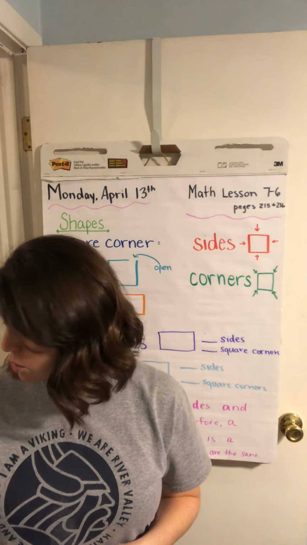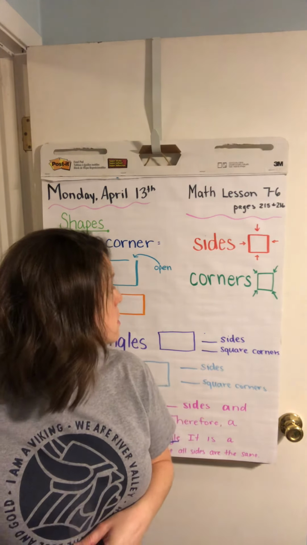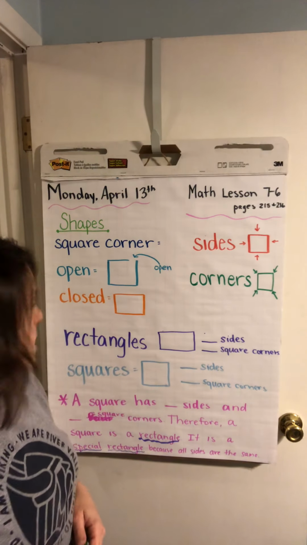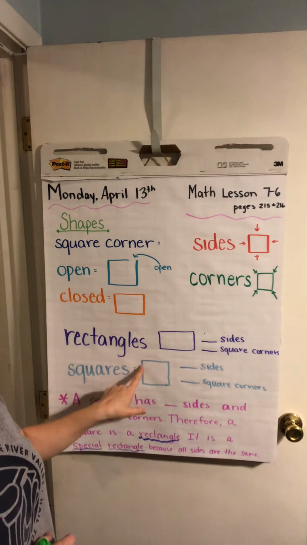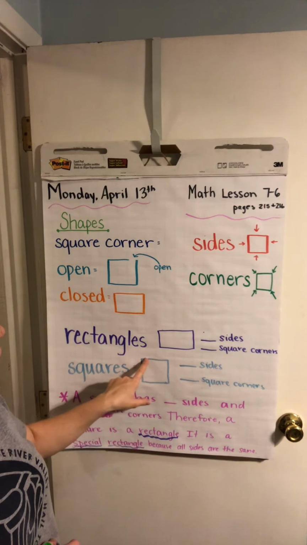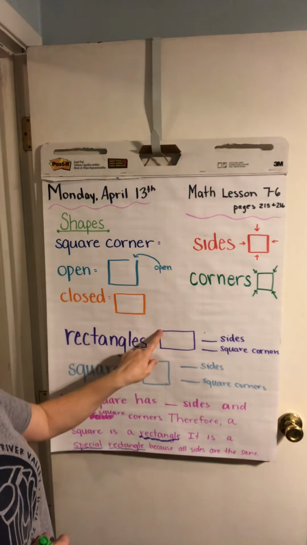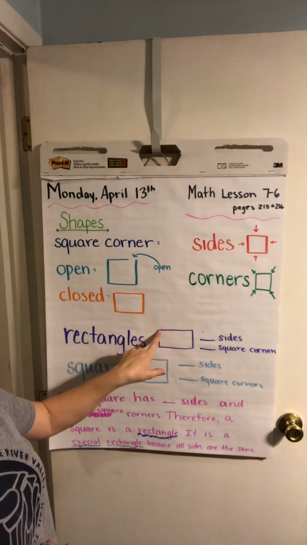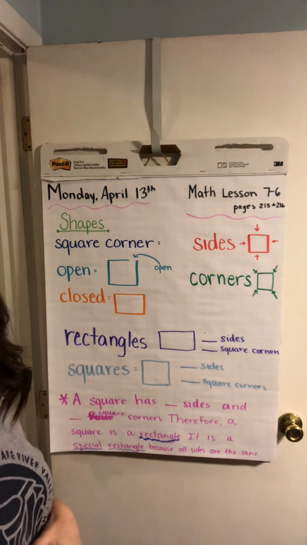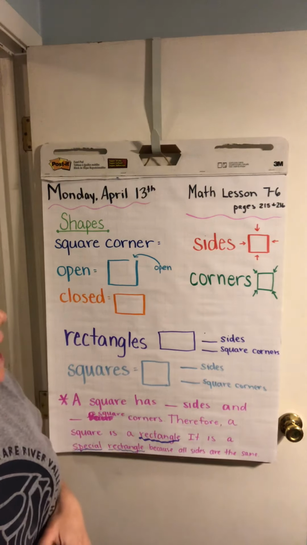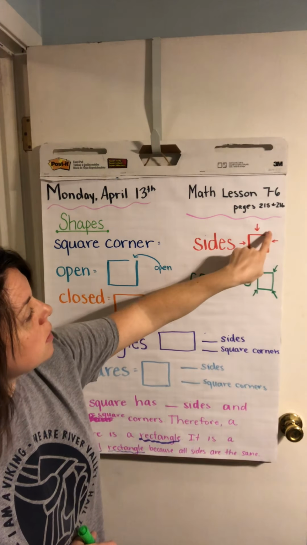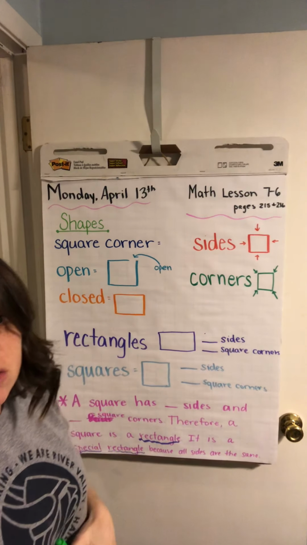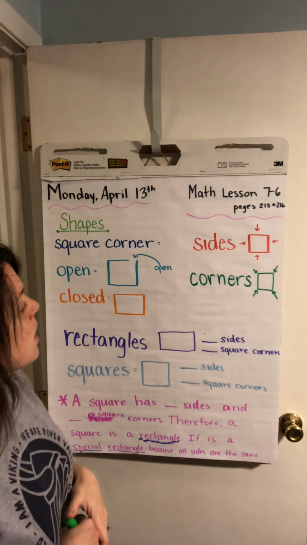So to review those, I'm going to just look at the ones I already have drawn. So a square has 4 sides, and a rectangle has 4 sides. So that's one of the words we need to understand today, what a side is. So the sides are the straight lines that connect together to make a shape, okay?